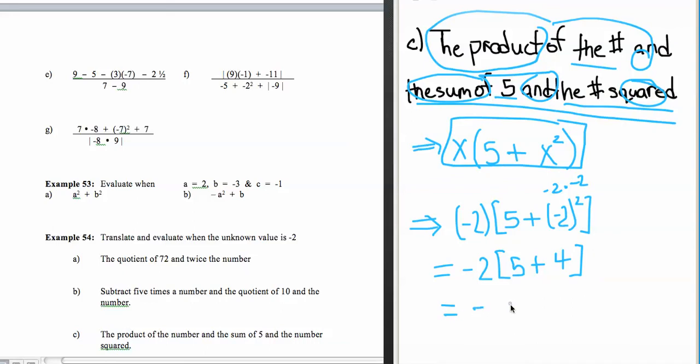Then that says -2, not distributive property, remember, order of operations, times 9, and negative times a positive is a negative. 9 times 2 is 18, and there's our value when x equals -2. And that will wrap up our translation problems.